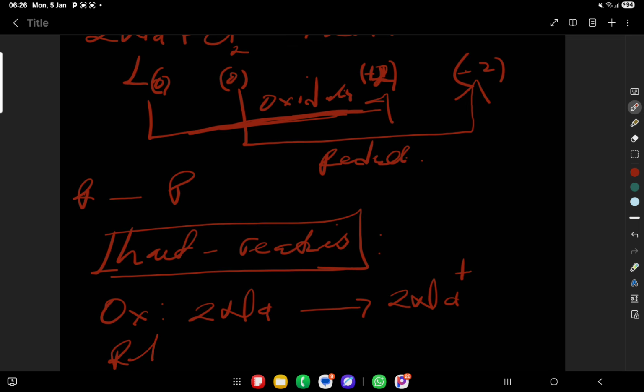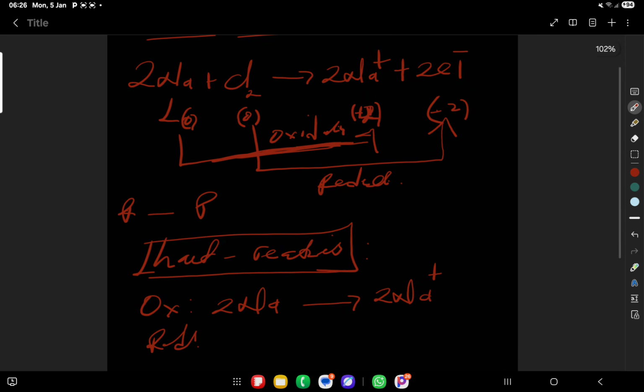For the reduction one, we have chlorine 2, giving us 2 chlorine negative. So these are the half reactions. This is how you tell which is the oxidation half reaction and which is the reduction half reaction. The combination of these two forms what is called a redox reaction. So guys, this is how we identify them. It's very easy.